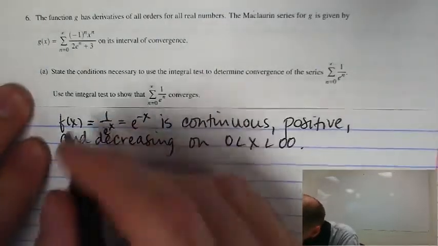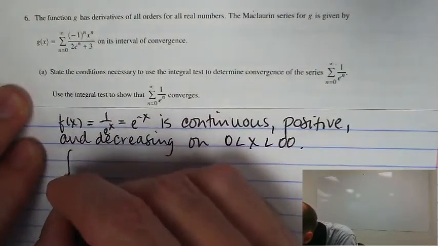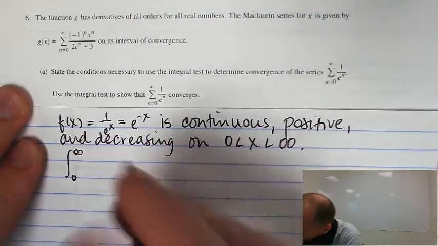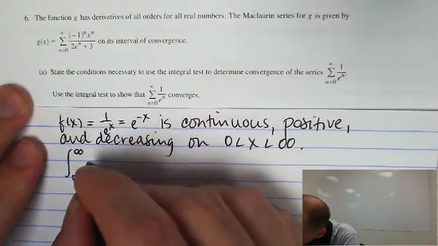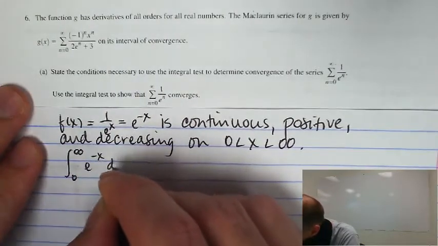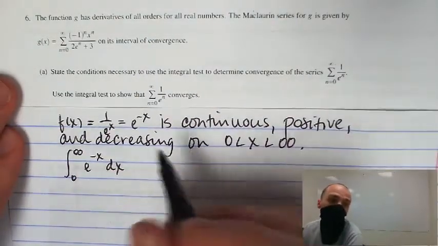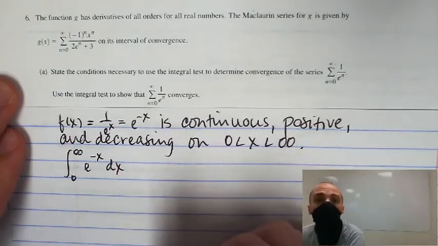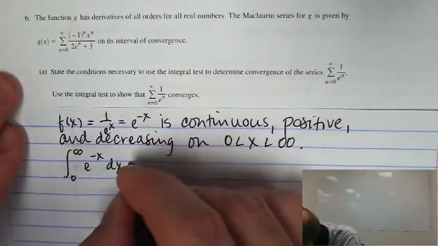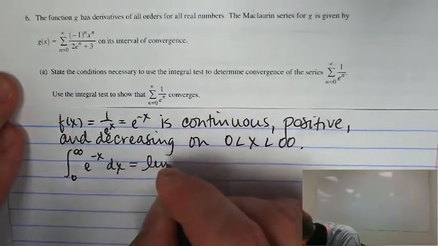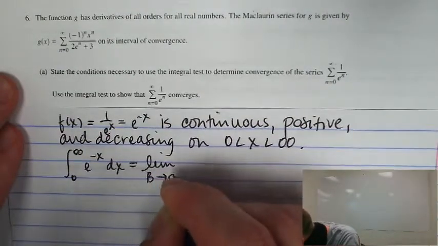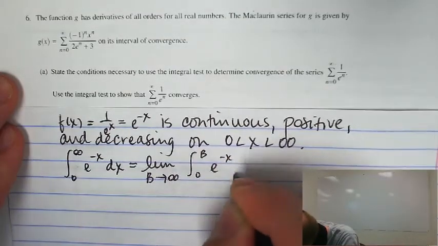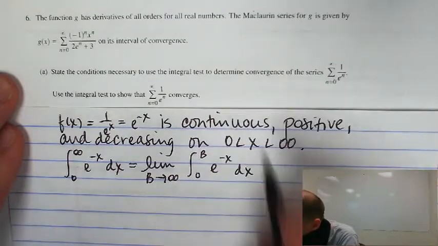Use the integral test to show that that converges. All right, well, what we're going to do is use the integral from 0 to infinity of 1 over e to the x dx, so e to the negative x dx. Okay, and we remember that this is an improper integral, and we don't have an option here. We have to transform it into a limit in a free response setting. So this is the limit as b approaches infinity of the integral from 0 to b of e to the negative x dx.